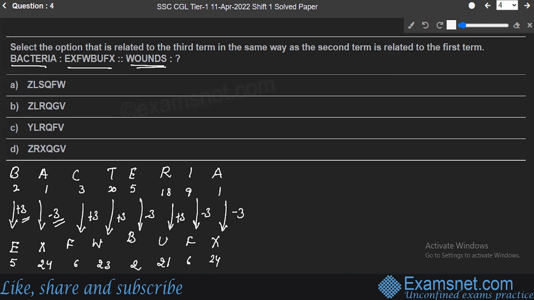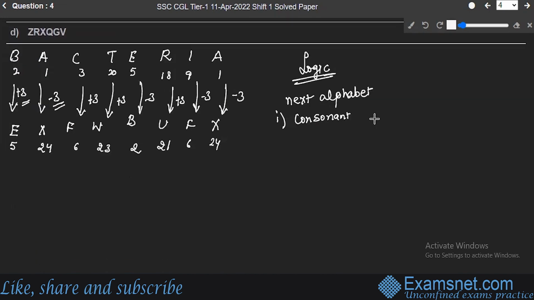So the logic: next alphabet number, if it's a consonant alphabet, then you have to add 3. If it is a vowel, then you have to subtract 3.